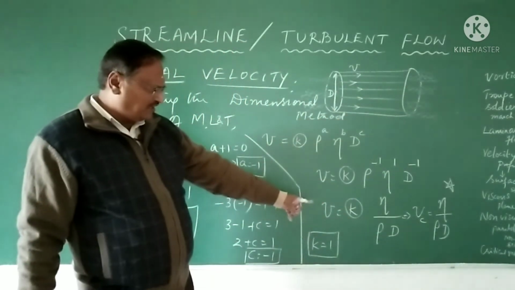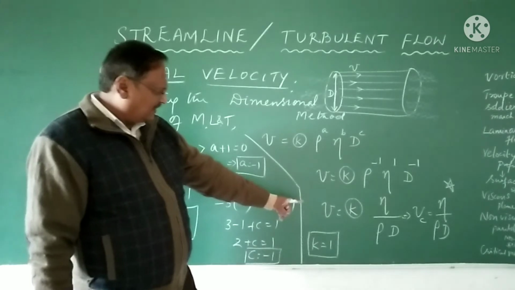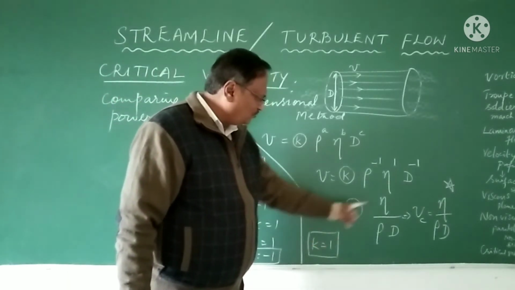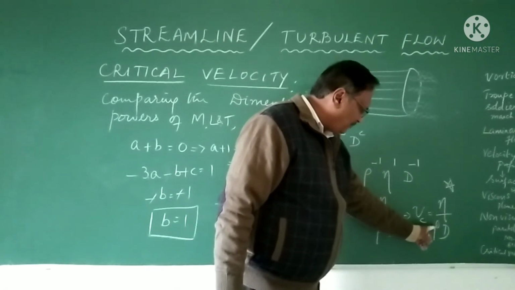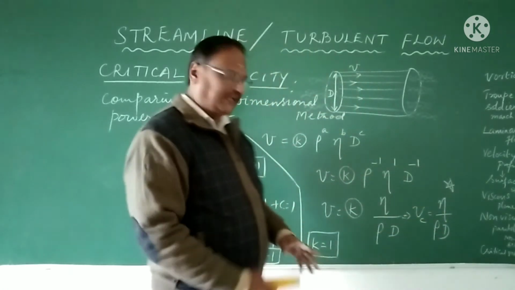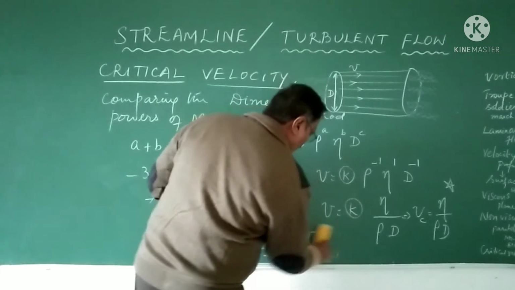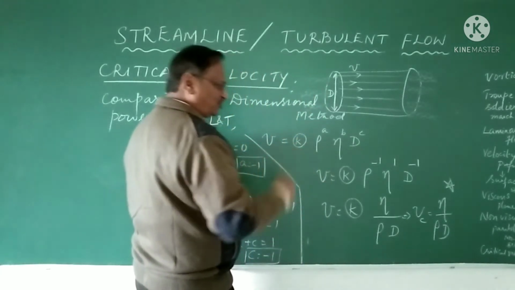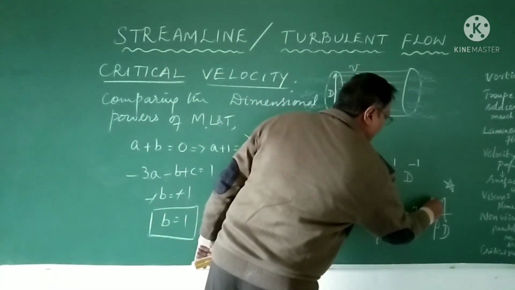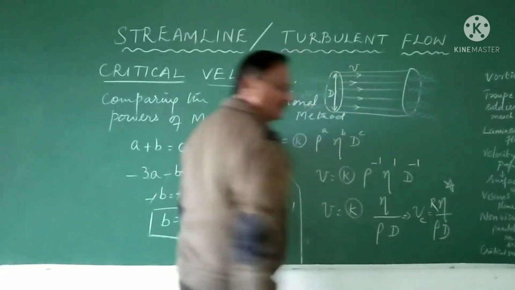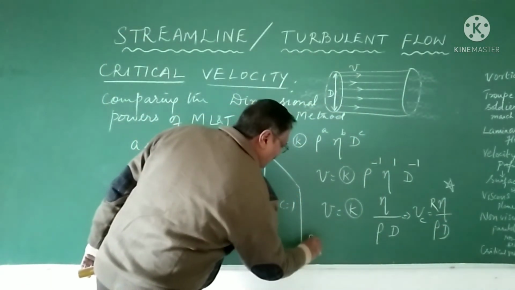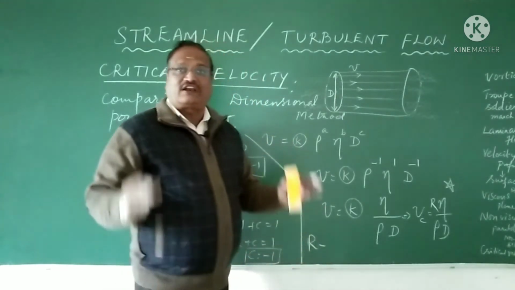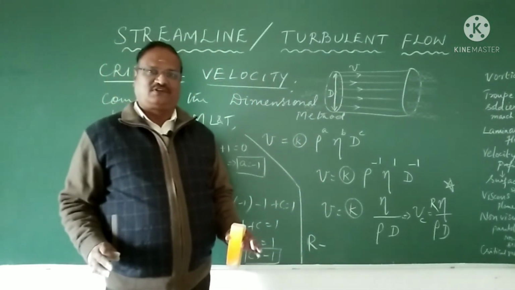What are the factors you see? Now I have got V is equal to eta upon rho D. This constant is not 1 actually. This constant has a value, and that is called R. What is R? R is called Reynolds number.